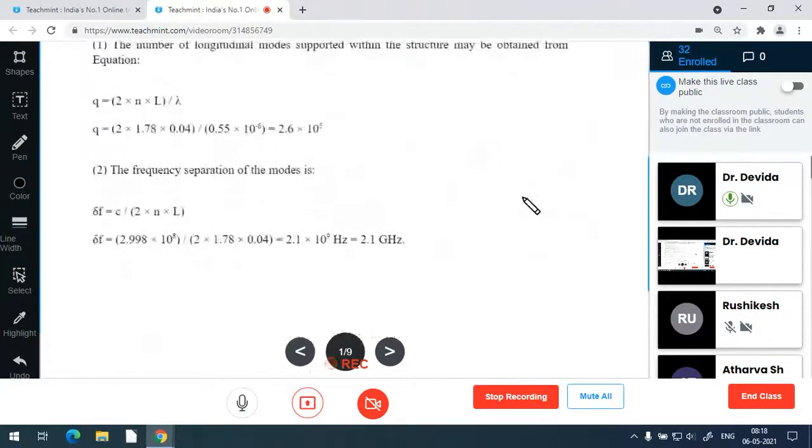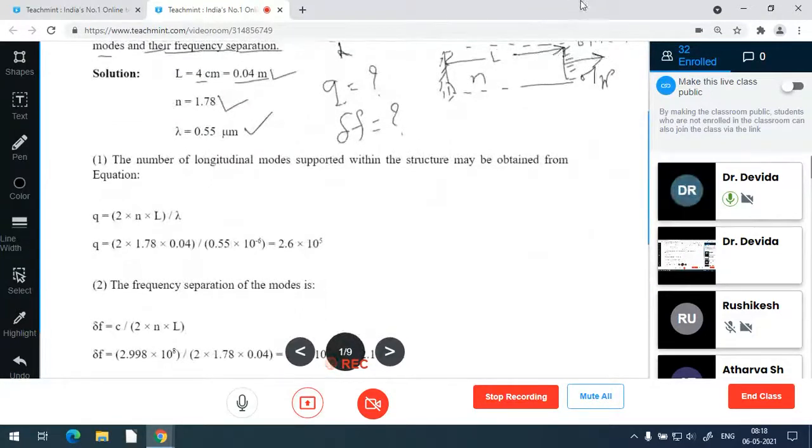So let us check the formula for Q. L is equal to Q lambda upon 2N.